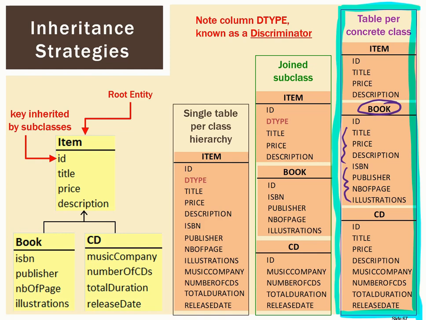The CD table also has the superclass fields of title, price, and description, and then it has its own fields for the CDs. So in effect, this is like a one-stop shop. If I go to the CD table, everything I need to know about it is in one place. If I go to the book table, everything I need to know about a book is in one place.